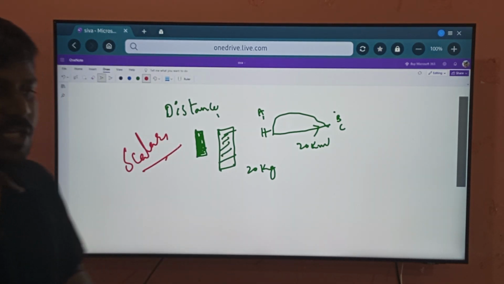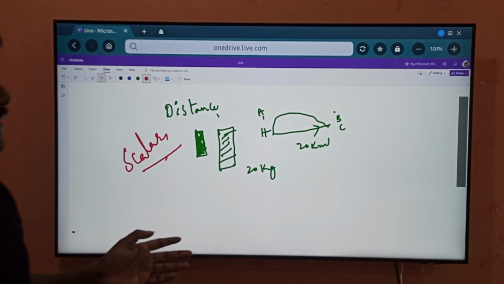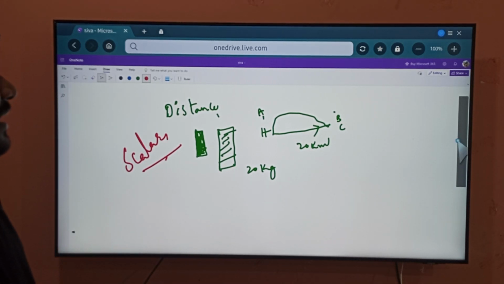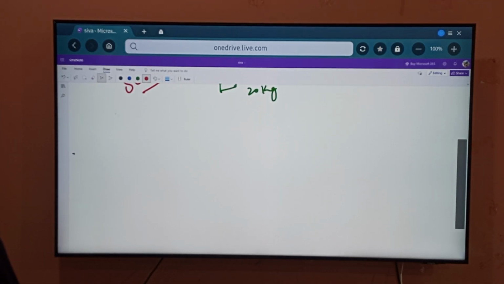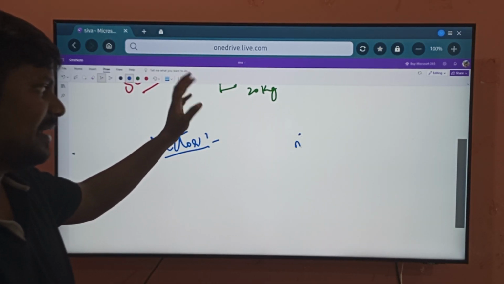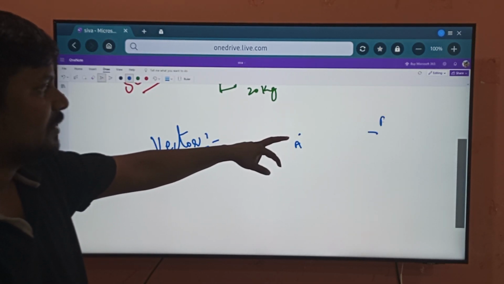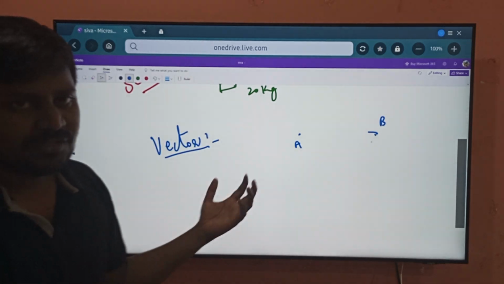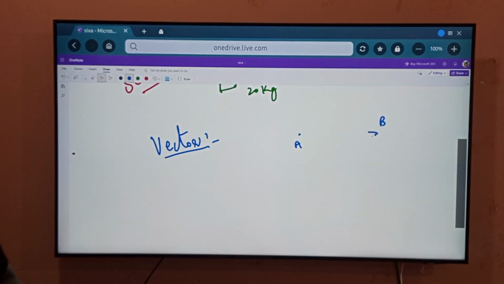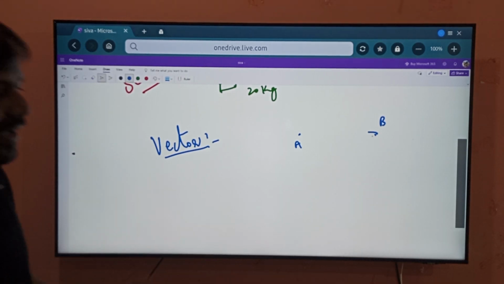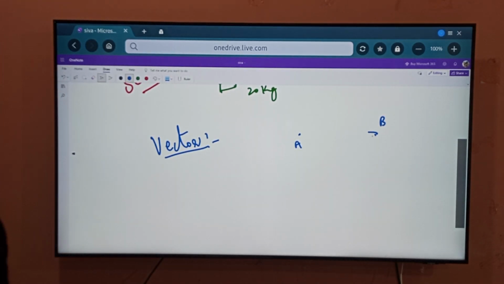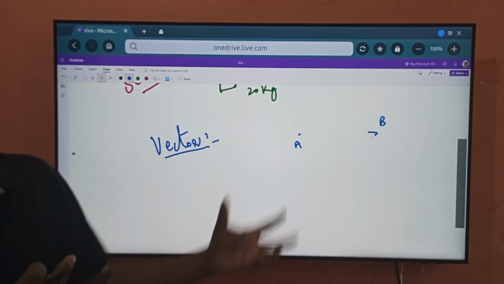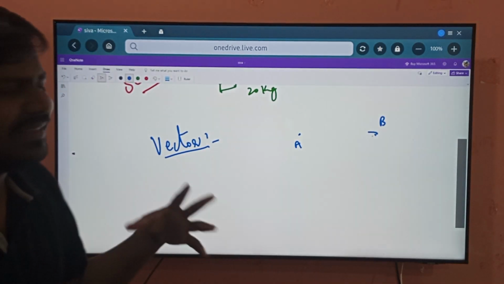So what about vector physical quantities? Simply, we can consider them as vectors. What are the examples of vectors? Displacement we can take. Again I am taking the same example, from point A to point B. In magazines you can find the way for a person to reach a place.